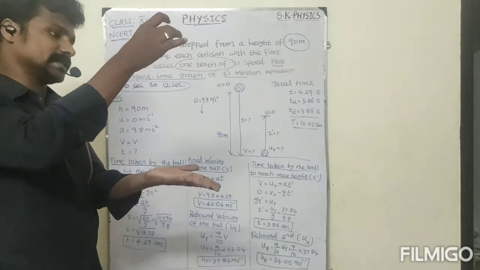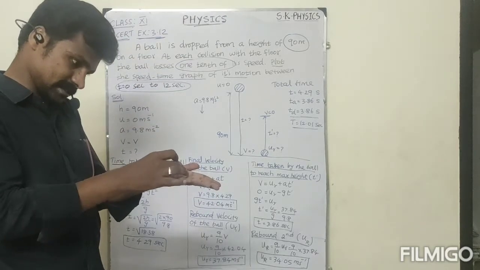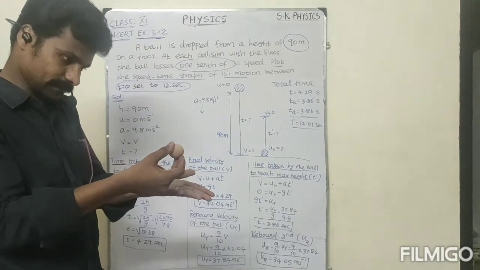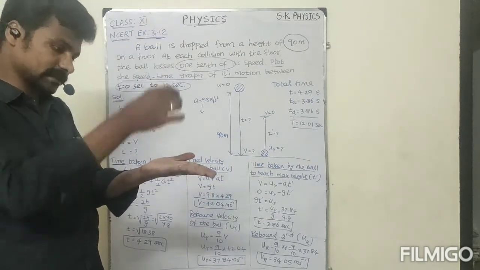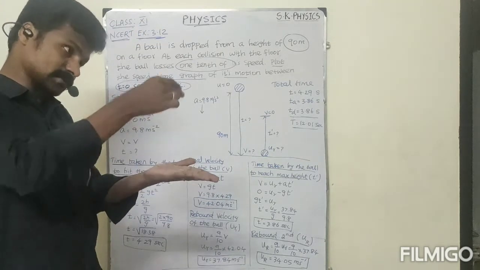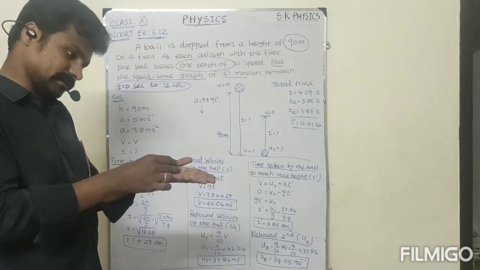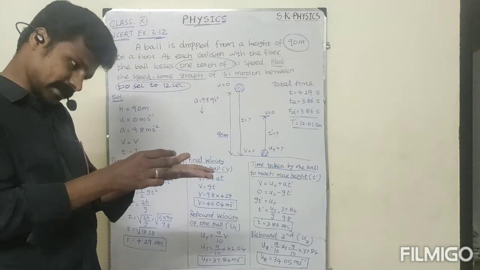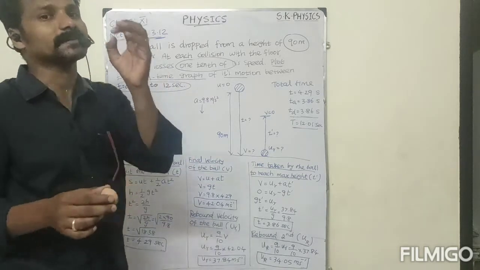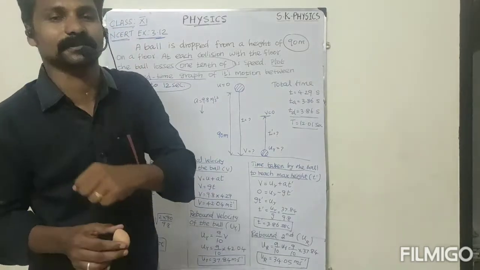Initially it hits the ground, loses its speed, again rebounds back, hits the ground, again loses its speed, rebounds back, hits the ground, again loses its speed. Like that it happens up to 12 second.